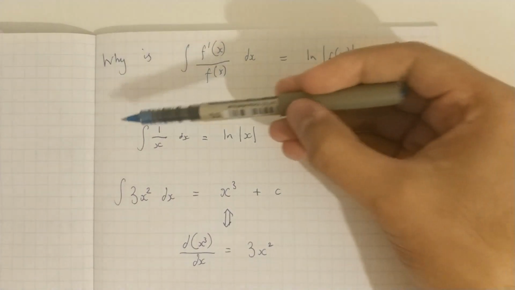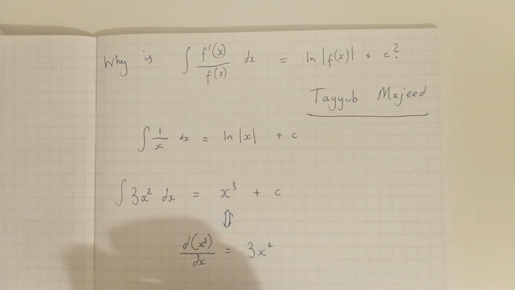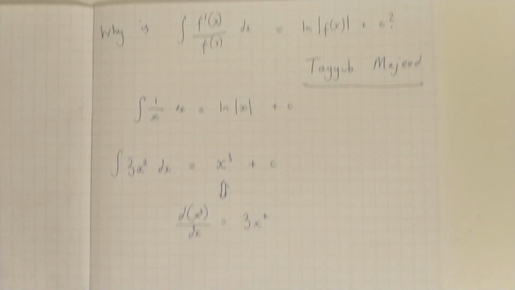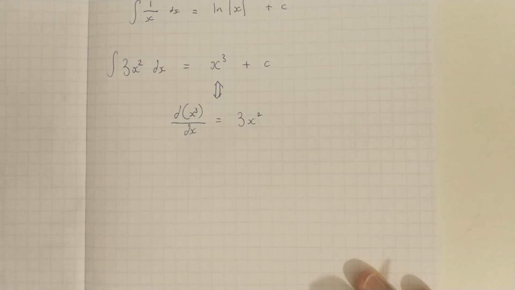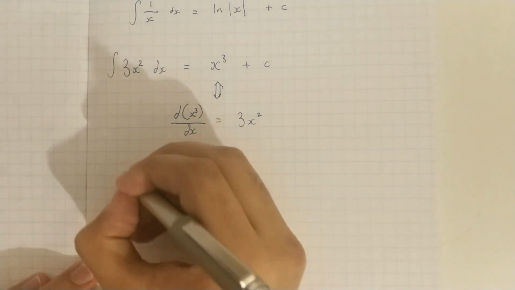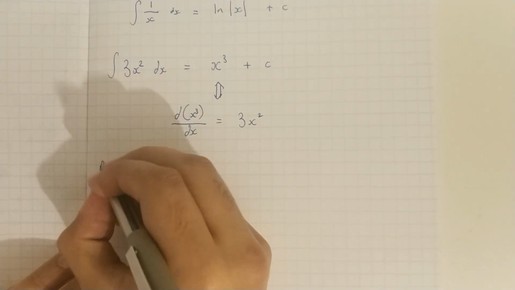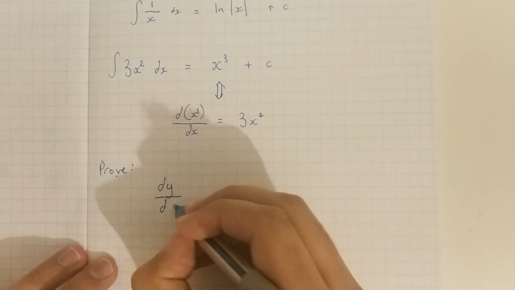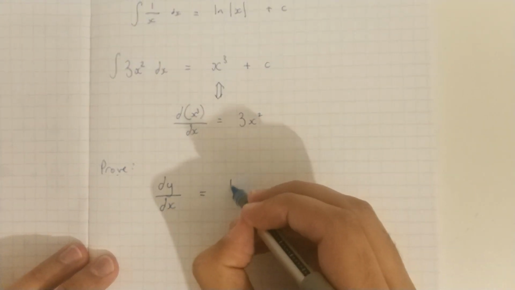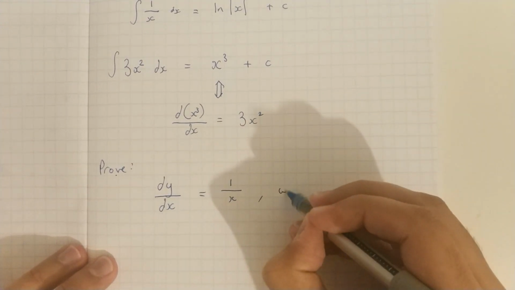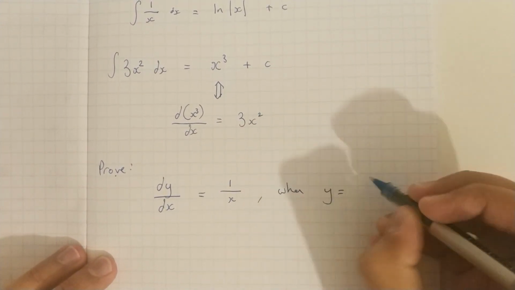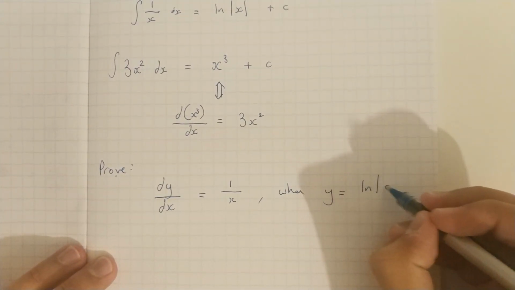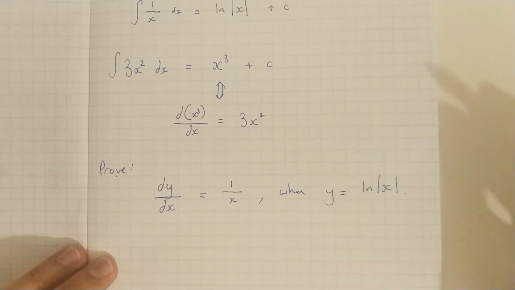And so how I'm going to tackle this question is actually by answering the question. I'll give myself some space here. And I'm going to prove that dy by dx is equal to 1 over x when y is equal to the natural log of this modulus.